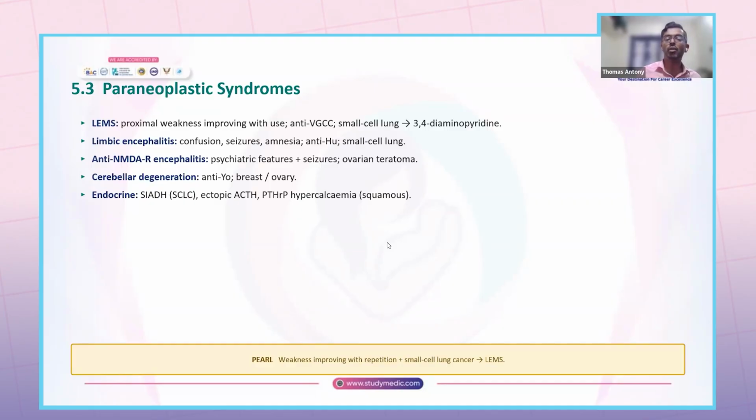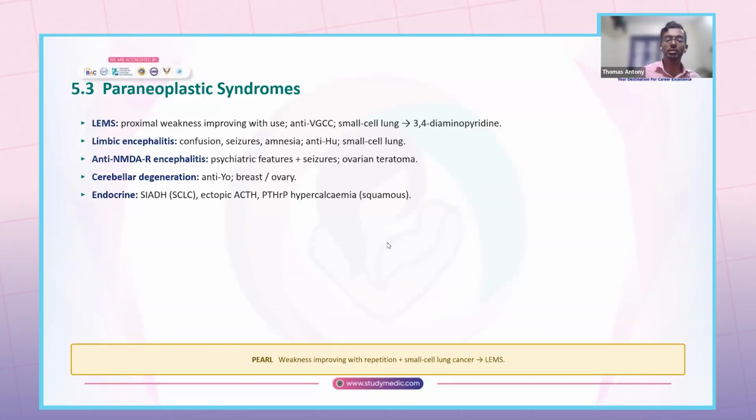Limbic encephalitis can cause confusion, seizures, amnesia. The marker here is anti-Hu, seen in small cell carcinoma. So if you see small cell carcinoma, there are a lot of paraneoplastic syndromes. Anti-NMDA receptor encephalitis, with psychiatric features along with seizures, is seen in ovarian teratoma. Cerebellar degeneration, anti-Yo, in breast and ovarian cancer.